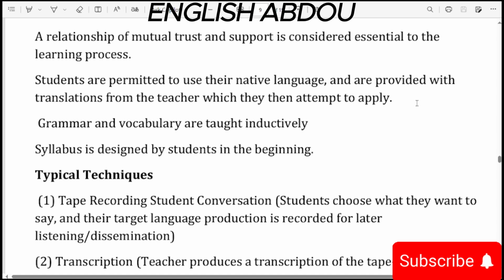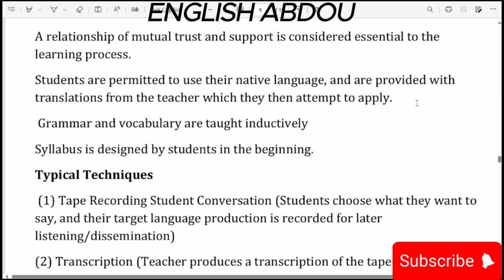So, of course, they can use their target language when it is necessary, inside class. Because they are adults, they're still fresh, they don't have knowledge, so they can use their native language at the first time. Grammar and vocabulary are taught inductively. Most methods use an inductive or implicit approach.